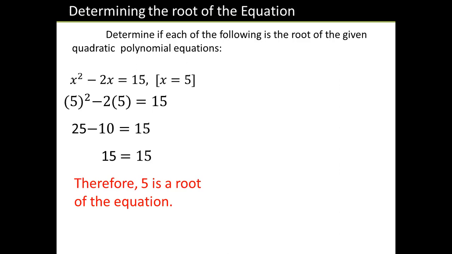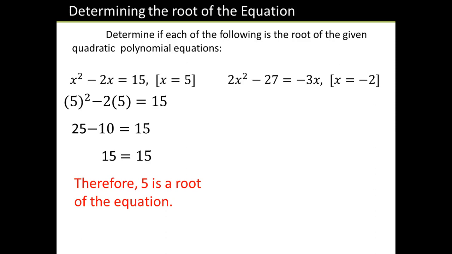All right. Taking the second example, take a look: 2x squared minus 27 equals negative 3x. Given that the value of x equals negative 2. So let us check whether negative 2 is a root or not.